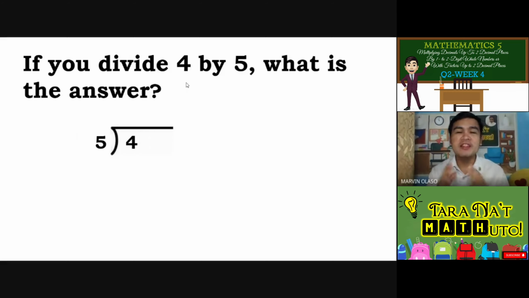So we have the dividend is lower than the divisor. So paano kaya yan, sir? That's why the answer for this, if the dividend is smaller or less than the divisor, it means that the answer is a decimal number. So let's step by step. Tatandaan natin, no? So kapag 4 or smaller number divided by the larger number, automatic the first answer is 0.